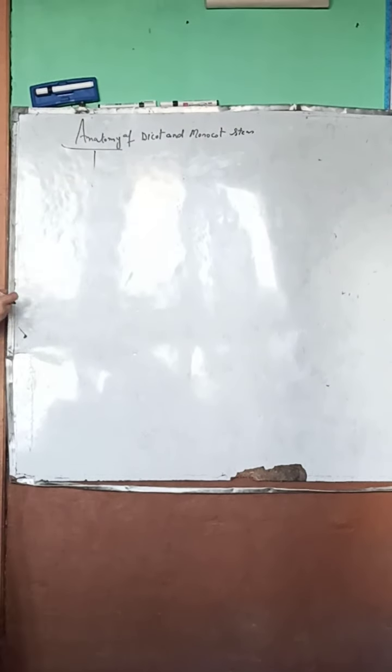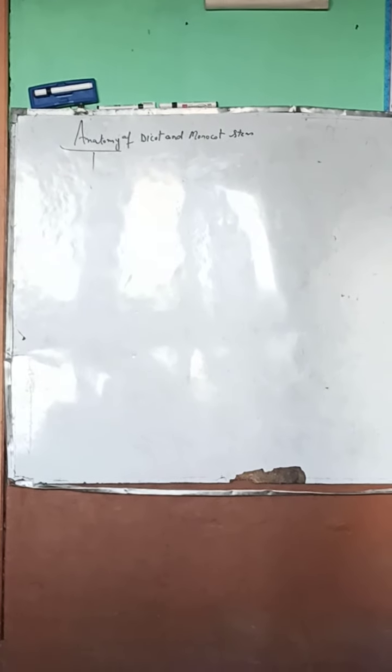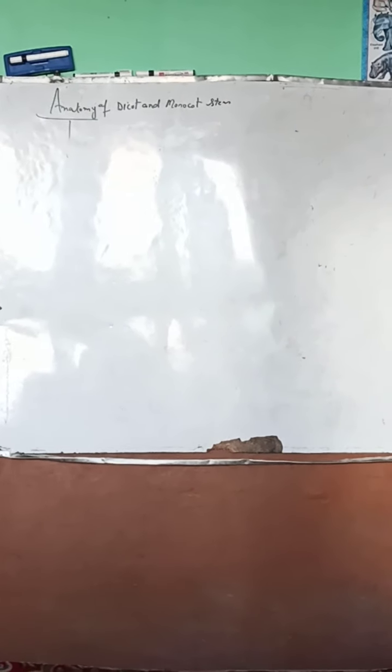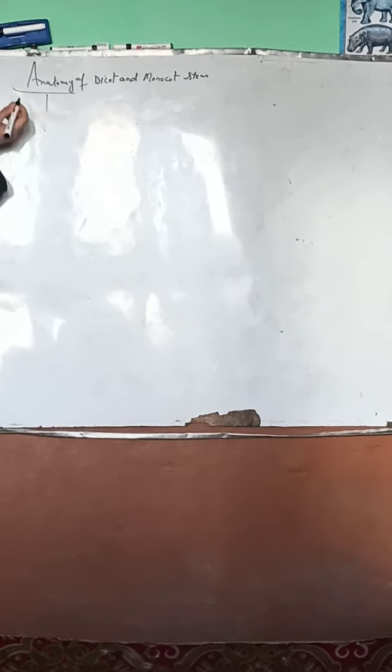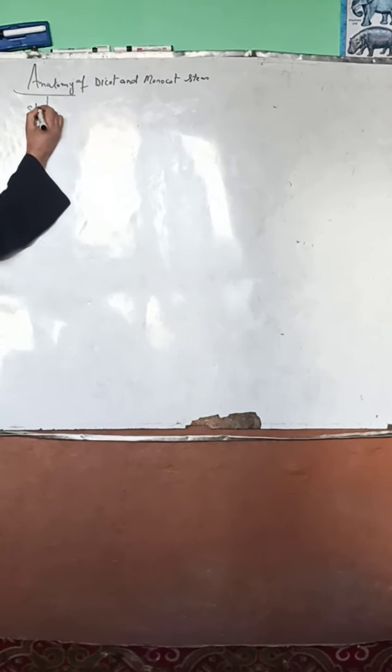We know in anatomy we are talking of internal structure. Before this we have discussed anatomy of root also, and today we are going to discuss anatomy of dicot and monocot stem. First of all, when we draw the structure of dicot stem, at first we see structure of dicot stem.